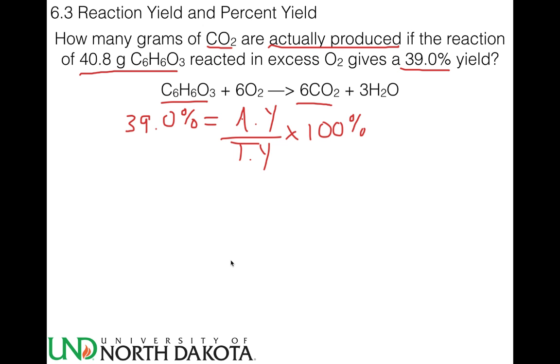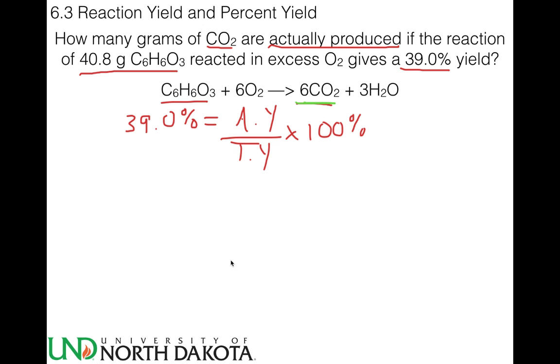Here we need to solve for the theoretical yield as we have been previously, and then plug it into this equation and solve for the actual yield. So let's solve for our theoretical yield of carbon dioxide, CO2, starting with our amount of C6H6O3, 40.8 grams.